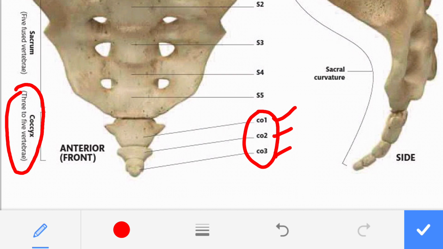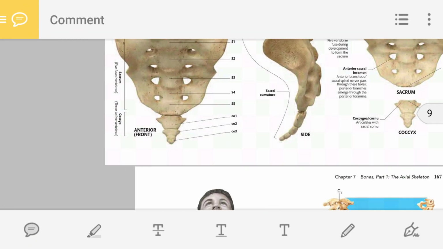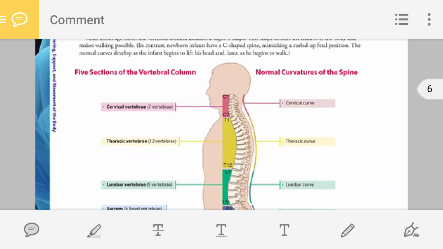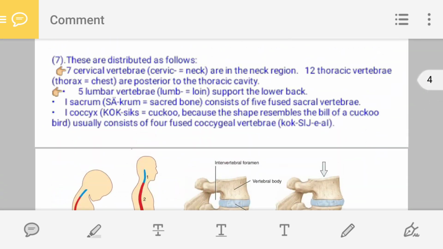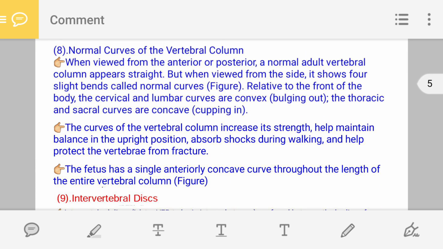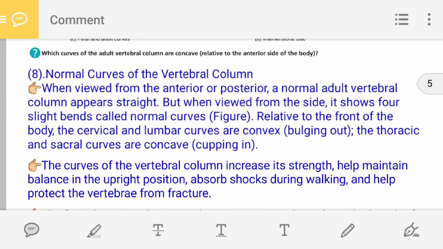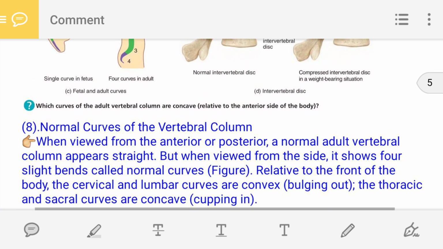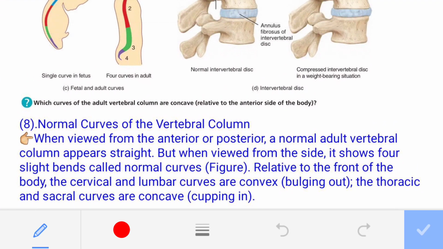These 3, for example this one and this one, fuse together and make a single vertebra, and this vertebra is known as the coccyx vertebra. So now we are moving forward. We have completed point number 7. Now the curves of the vertebra. This is also very easy.